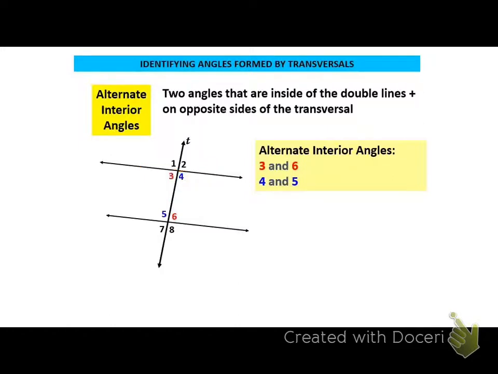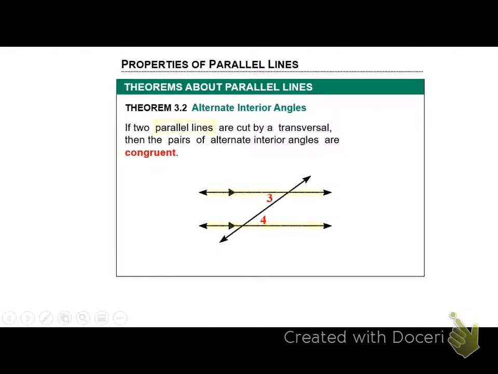They alternate across the transversal line. All right, here's what you know about their measurements. If two parallel lines are cut by a transversal, then the pairs of alternate interior angles are congruent. So they're going to be the same measure.